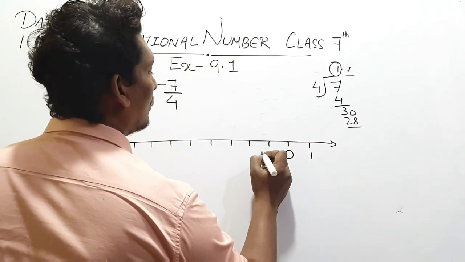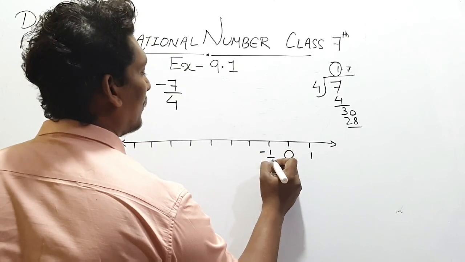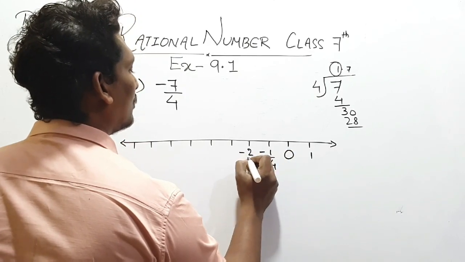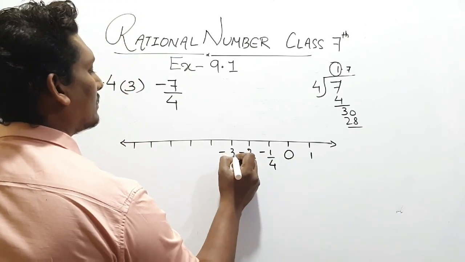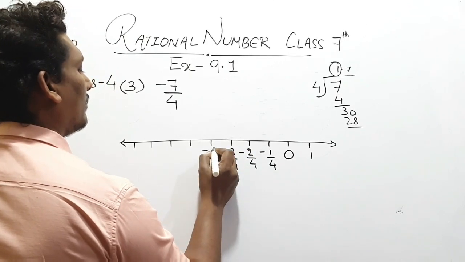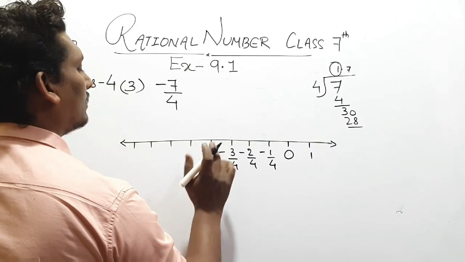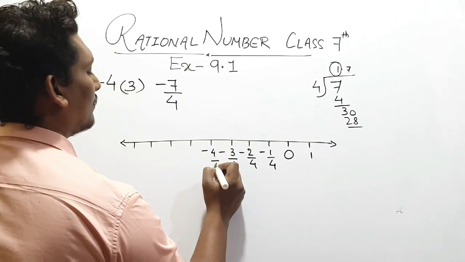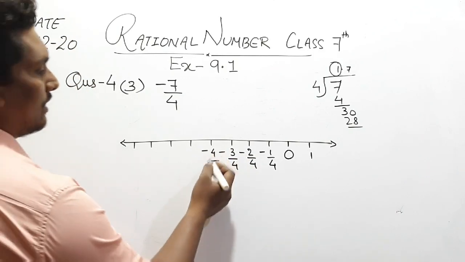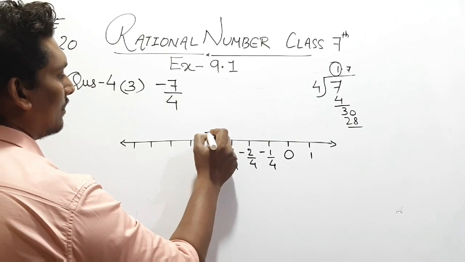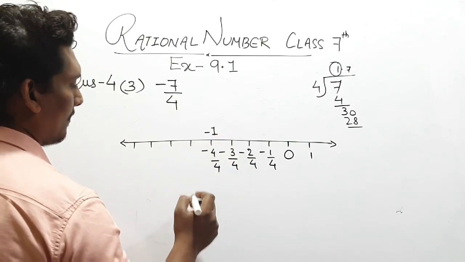Okay, so minus 1 by 4, minus 2 by 4, minus 3 by 4, minus 4 by 4. So when you cut this, you will get what? Minus 1.